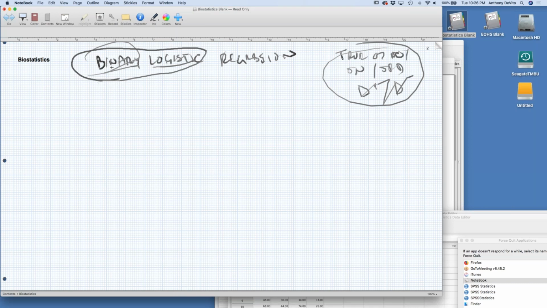Did you get vaccinated or did you not get vaccinated? Did you get the flu? Did you not get the flu? And so on. In regression, we're trying to predict this using other predictive variables.